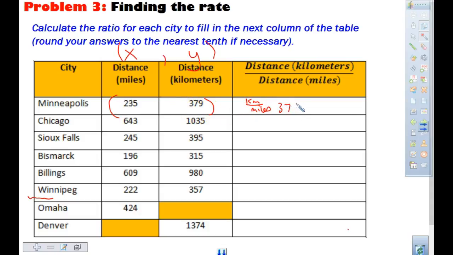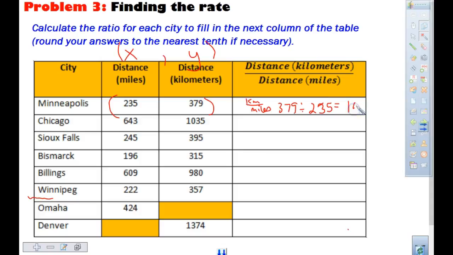You're not putting 235. 379, you're putting the kilometers first. Y's divided by X's. Get used to that. Y divided by X. Algebra students are still struggling with that, finding their rates of change in slope right now, okay? You will be doing this all of next year for a good portion of algebra. Y's divided by X's. So what do we get for the first one?